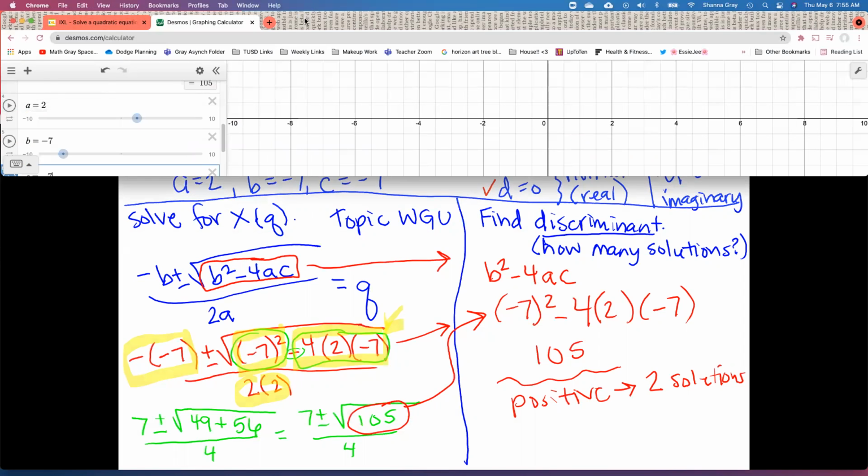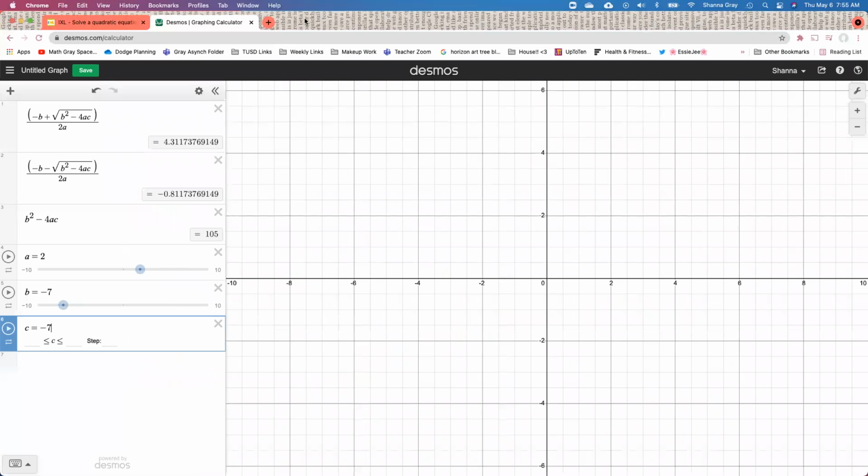All right, so then if I look back at what I have, it tells me that the plus version of the answer is 4.3. The minus version of the answer is -0.8. And then the discriminant by itself, which we just figured out, but just to confirm, it is 105.